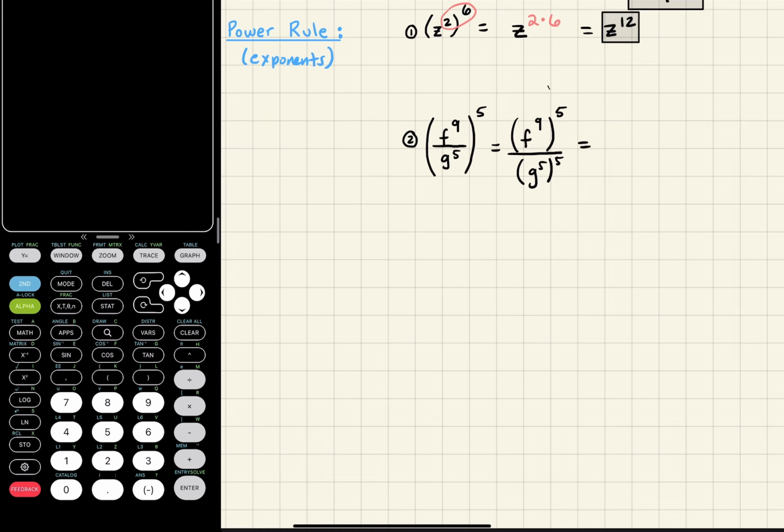And again, we keep the bases just the way they are, and we multiply the exponents. On the bottom here, it'll be 5 times 5. For a final answer of f to the 45th over g to the 25th.